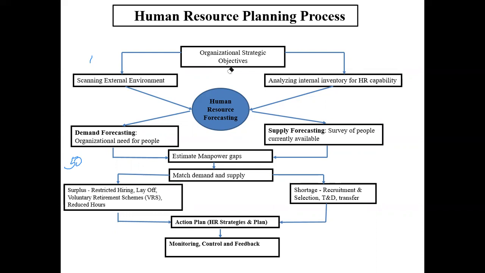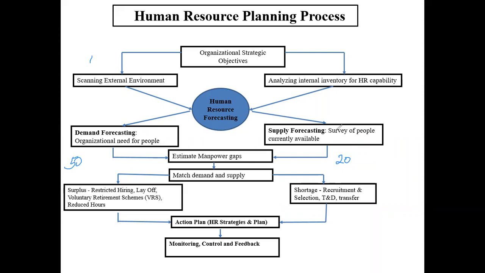I began by indicating that there are two main typologies of HR forecasting, and this includes demand forecasting and supply forecasting. In demand forecasting, the prime object of the HR forecaster is to look into the future and ascertain the total number of human resources that will be needed in order for the company to manage and achieve their objectives.